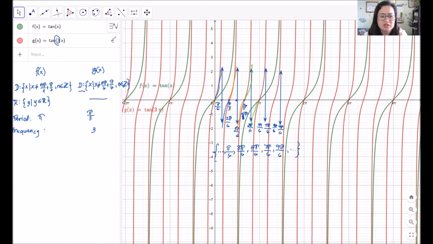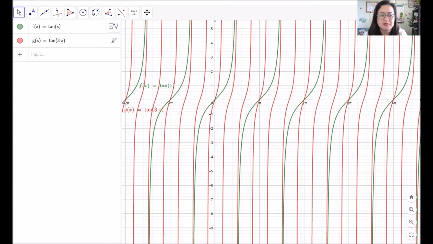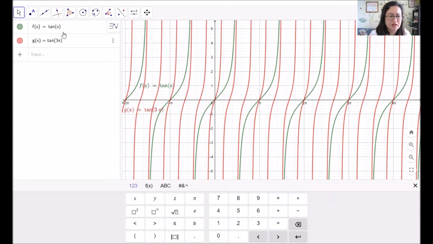Now what about the effect of changing the value of d? Let's try to change the value of d. In tangent x, d is 0. Now let's try to have plus 2.